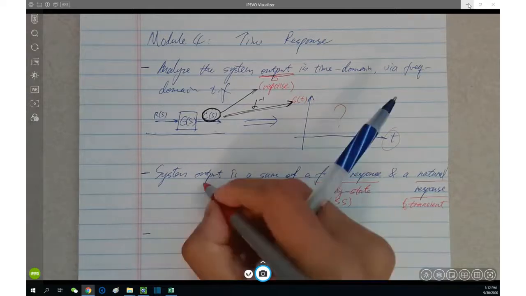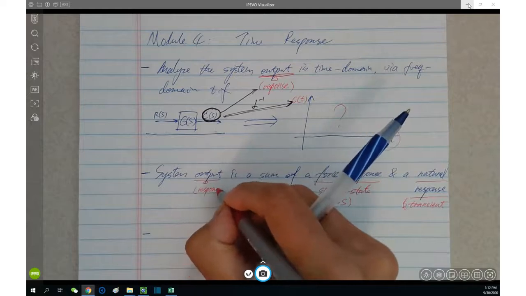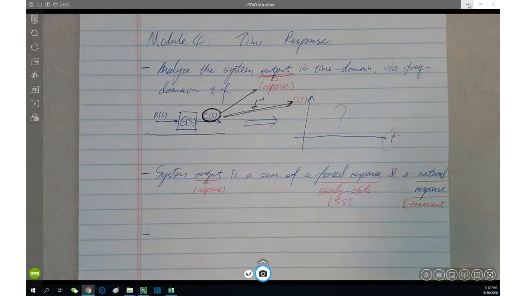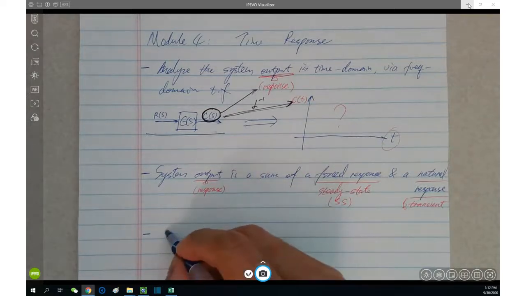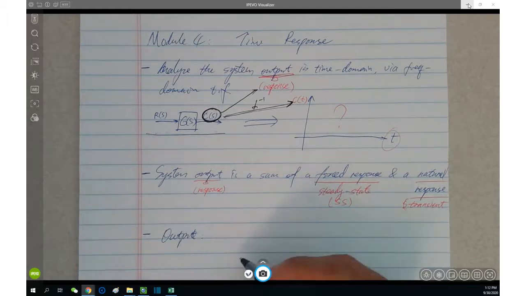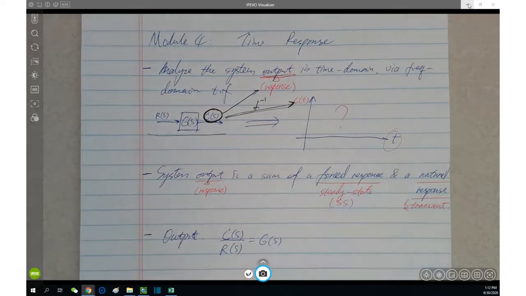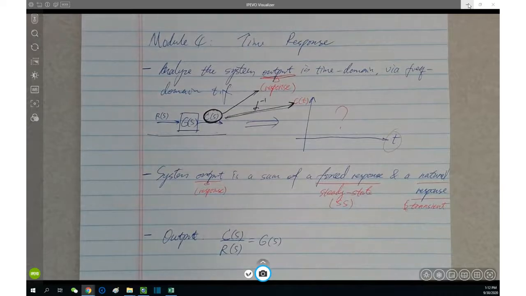So once again, this is output, nothing but a response. The system response means nothing but system output. Output, or say response. Never forget the very basic definition of the transfer function.